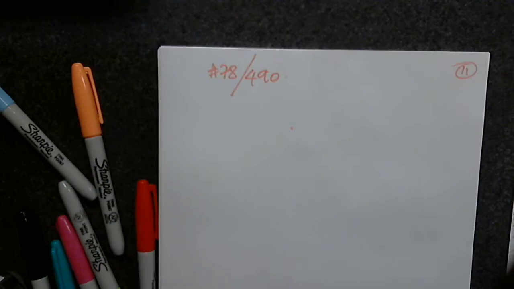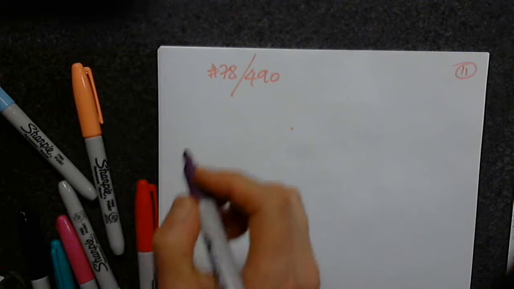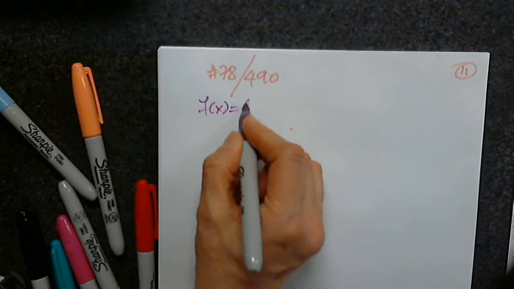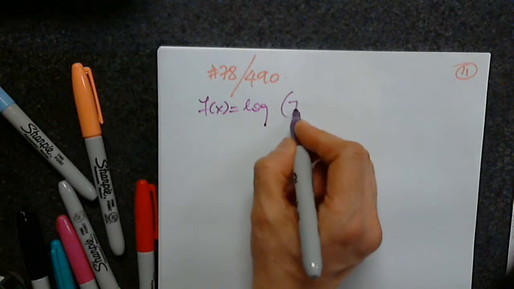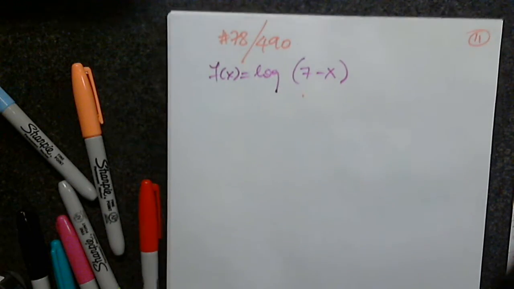In problem 78 on page 490, we're asked to find the domain of a log function. So f of x equals log of 7 minus x.